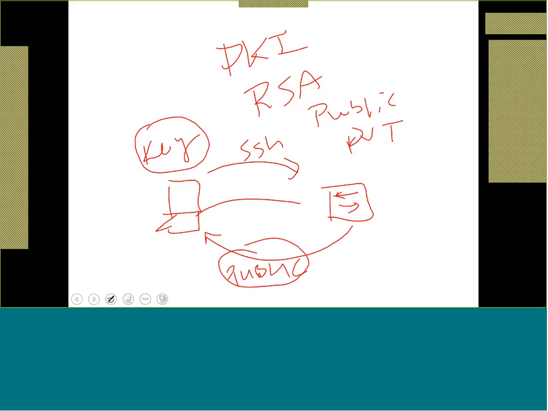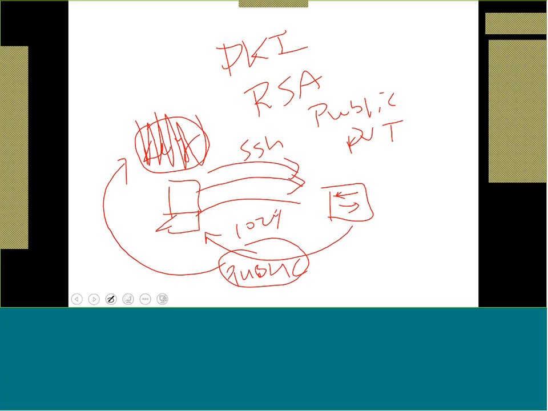Okay? And it could be 1024 bits, 2048, whatever. So I use this public key to encrypt the encryption key. Remember, that key is what I'm using for AES.